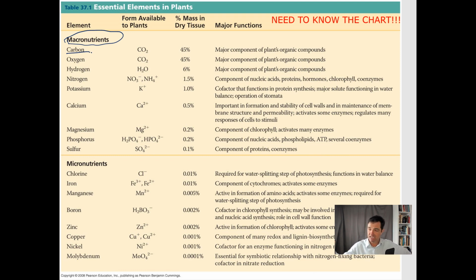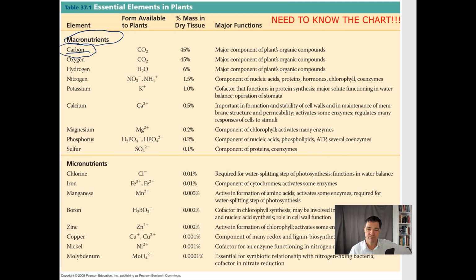If you look at the tails of the phospholipid bilayers in a cell wall, a plant membrane, any membrane, there's a whole bunch of carbon and hydrogen tails that make up that. We'll also use it in DNA and RNA, anything with a sugar in it, glucose. Carbon is sort of the backbone of all things.